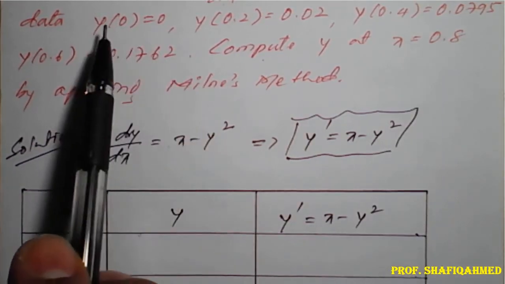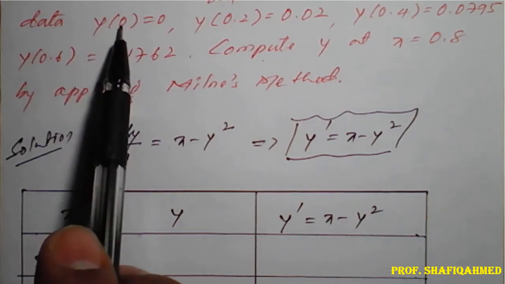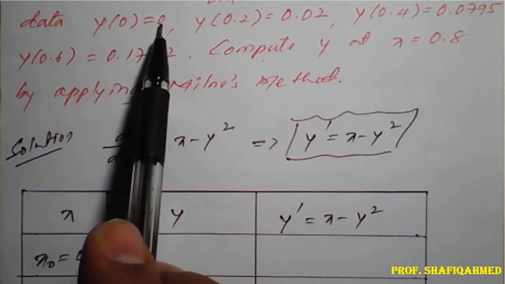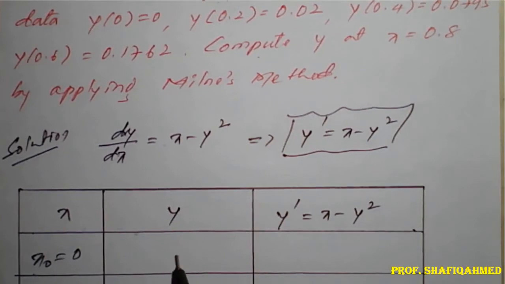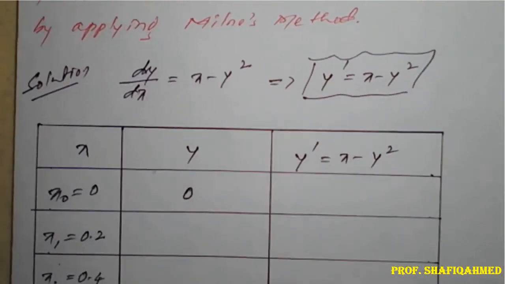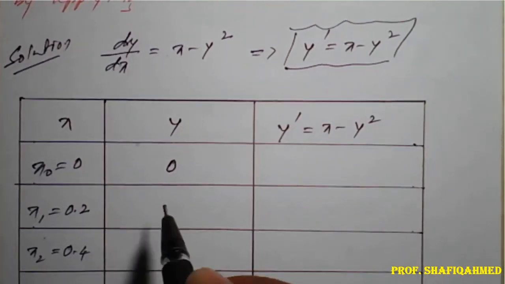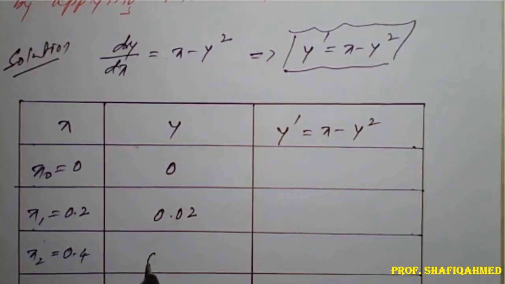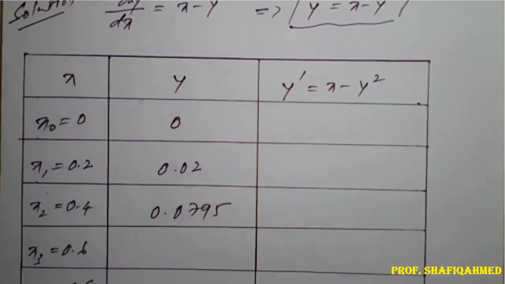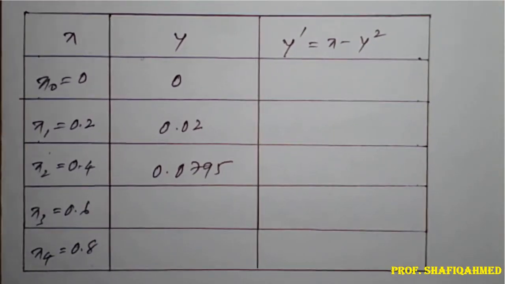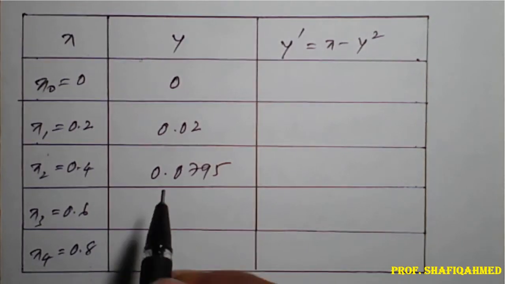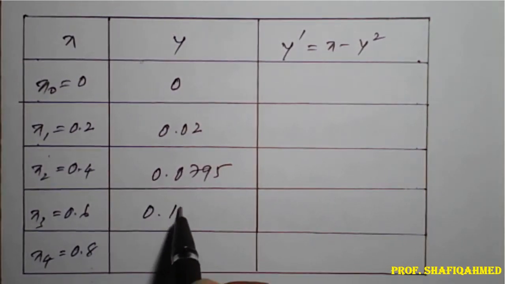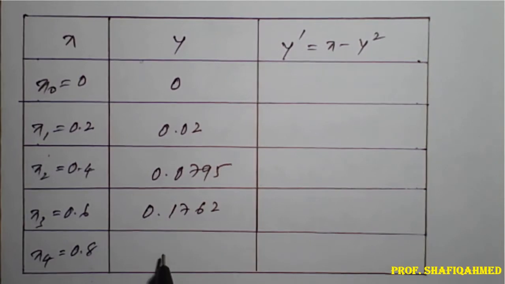Similarly, values of y. When x is 0, y is also 0 here, so I will write 0. The next value is 0.02. Next is 0.0795, and the next value is 0.1762, and this value we need to find.